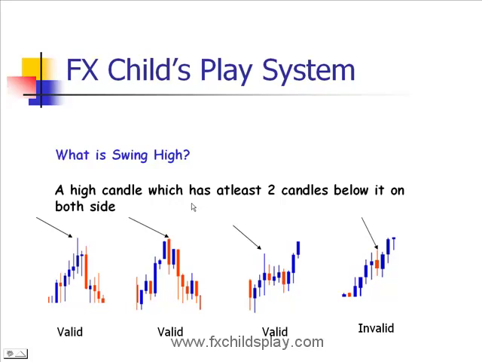A swing high is a high candle which has at least 2 candles below it on both sides. Well, let's look at this example. A candle made a high here at this price, and this high candle has at least 2 candles below it, as you can see here. 1 2, 1 2, and this is the high.